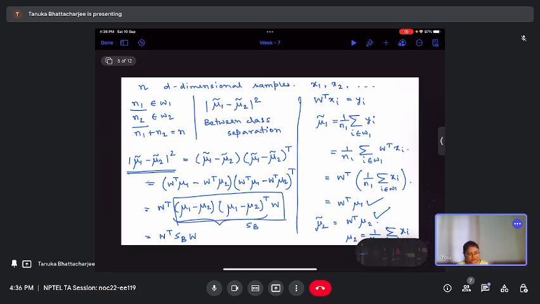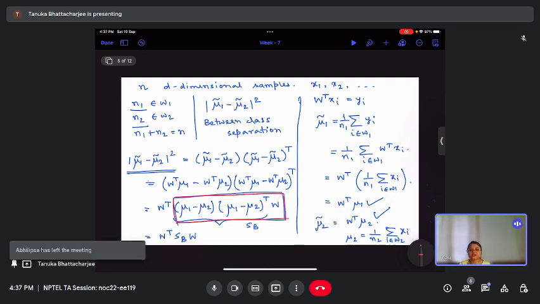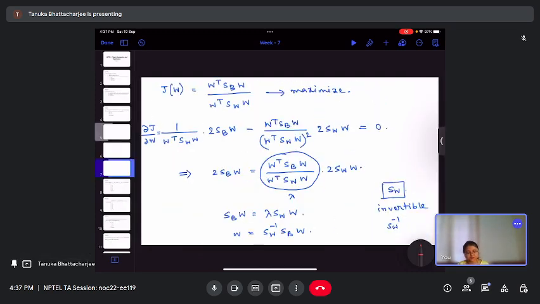In this mu1 minus mu2 transpose W, that will again result in a scalar quantity, because mu1 minus mu2 is d cross 1, so its transpose is 1 cross d and W is d cross 1. So, finally, you are getting 1 cross 1. So, this is again a scalar quantity. So, the direction of SBW will be along the direction of mu1 minus mu2.